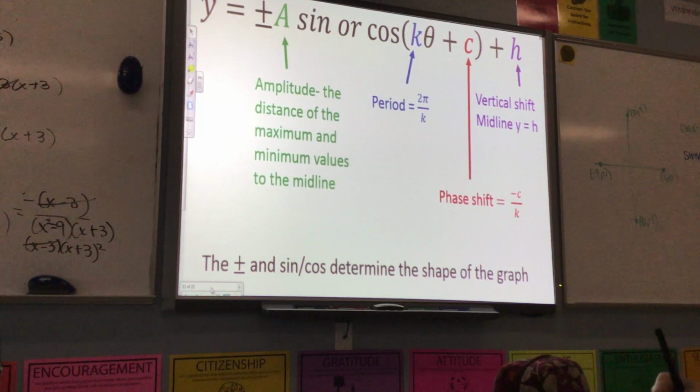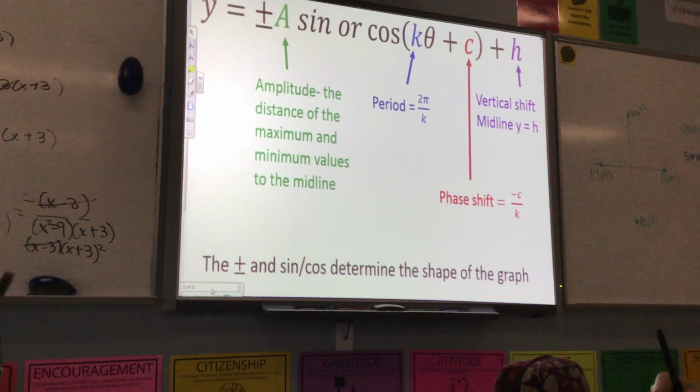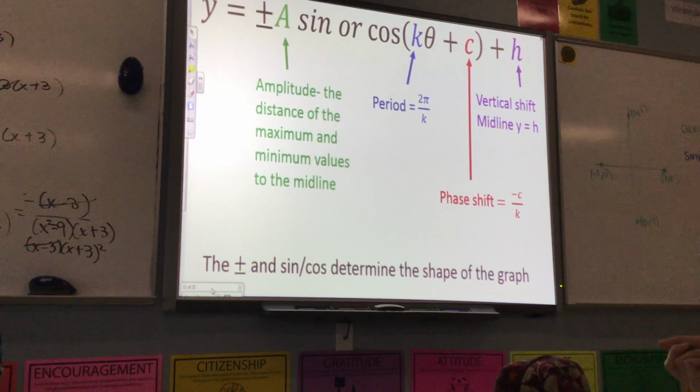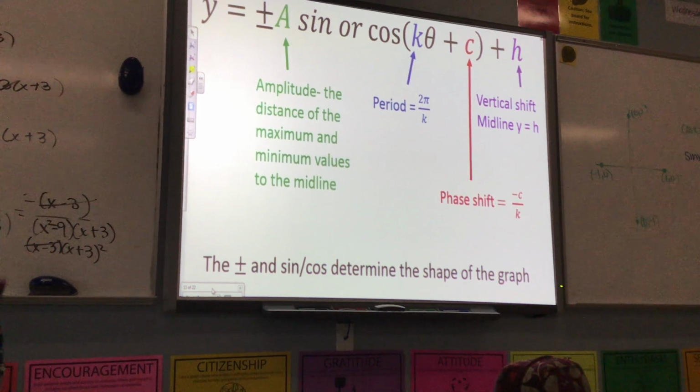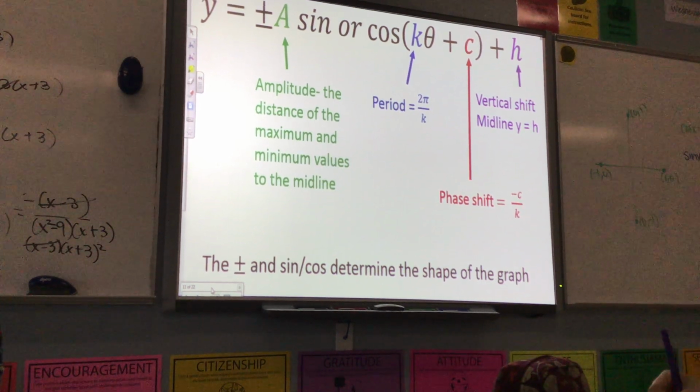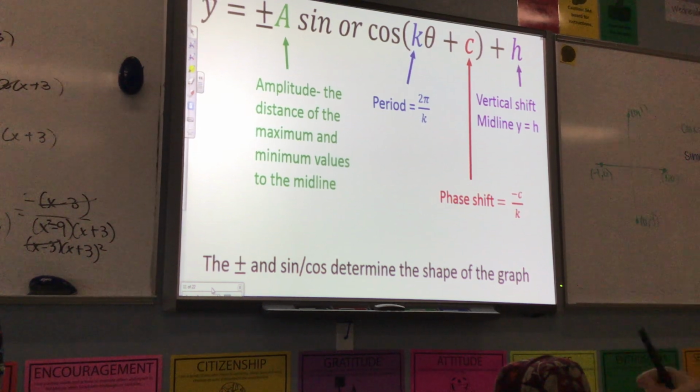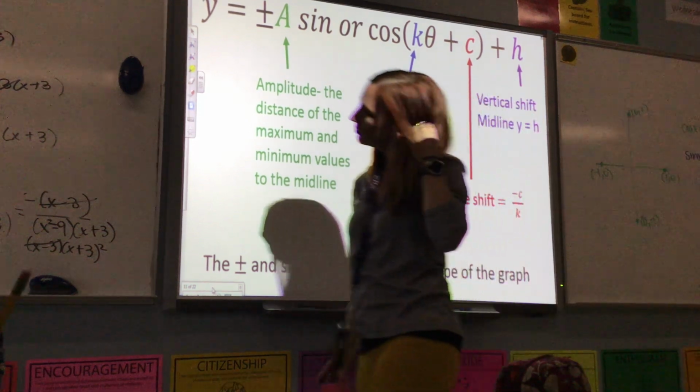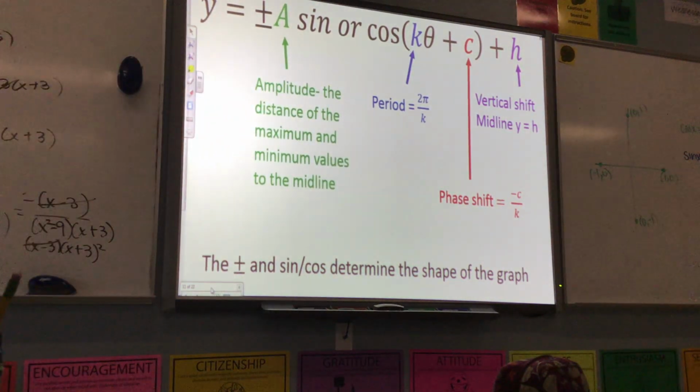It tells you what everything does, with some important equations that we'll talk about and apply as well. I'll give you a minute to write that down, and then we'll talk about what all of that means.